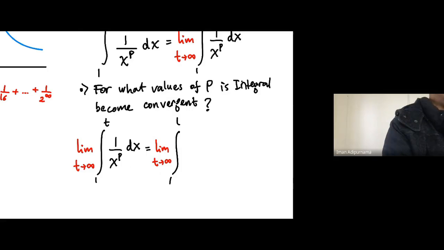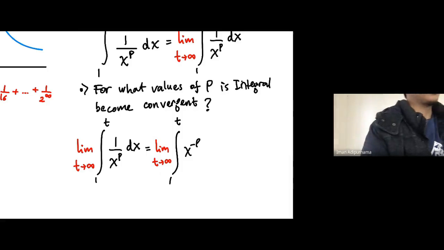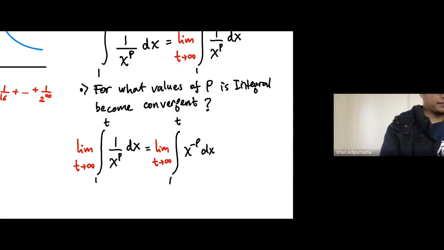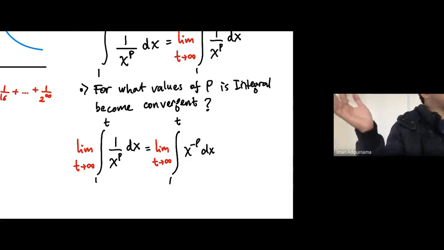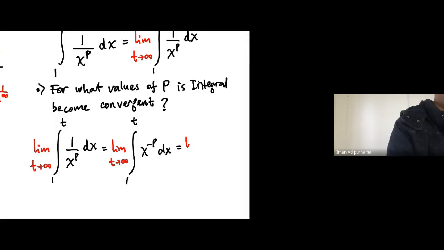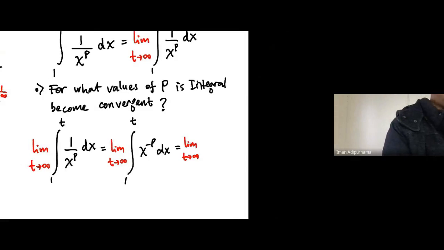Let me write a step-by-step process. So I can write this as x to the 1 minus p, just plus 1, over 1 minus p, from 1 to t.